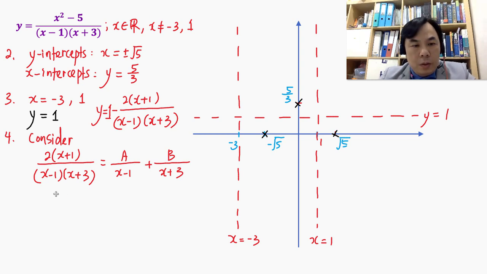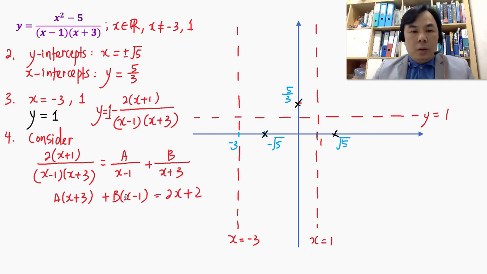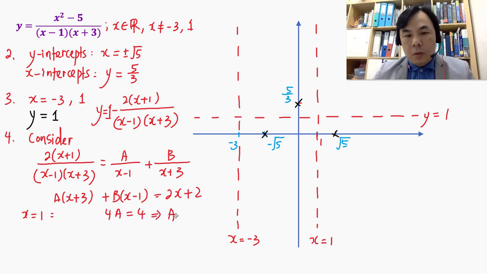So from here itself, I will get a(x plus 3) plus b(x minus 1) equal to 2x plus 2. Alright, so I can let my x equal to 1, for instance. So if I let my x equal to 1, I have 4a here. That is, 4a must be equal to 1.